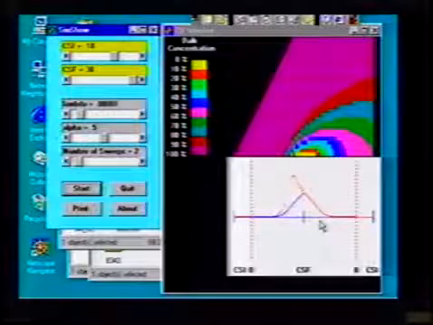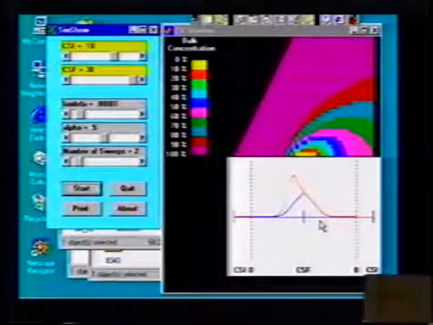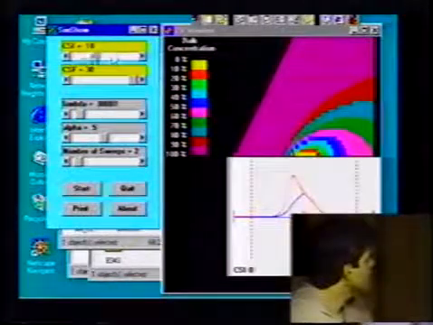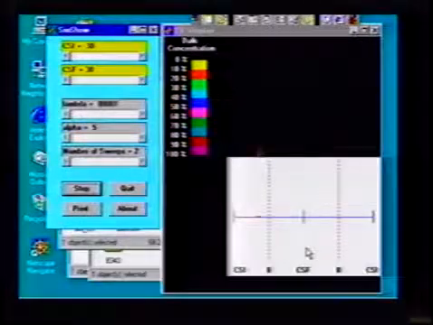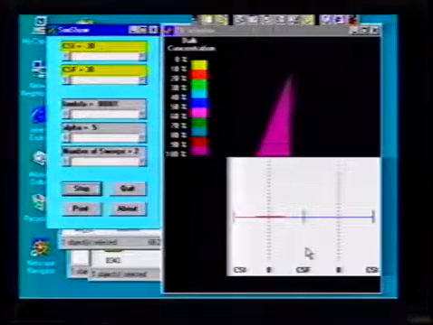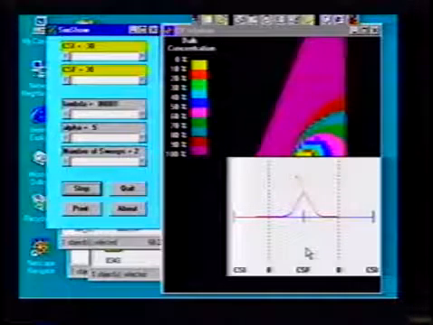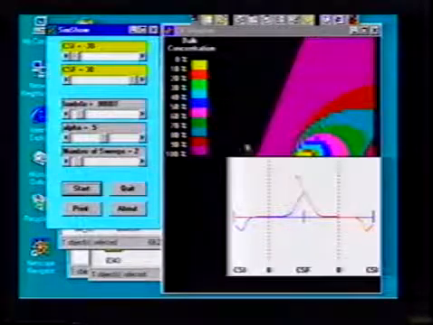But we don't see any reverse wave at that point because the kinetics are slow. If we made the other sweep far enough back, we could probably see a reverse wave, although I'm not sure we will. Okay, yeah, we do.